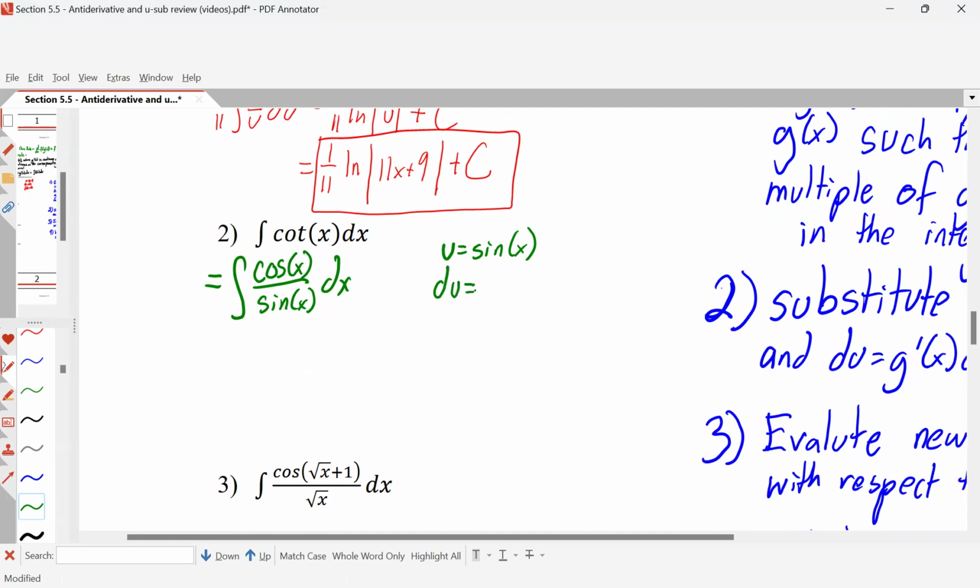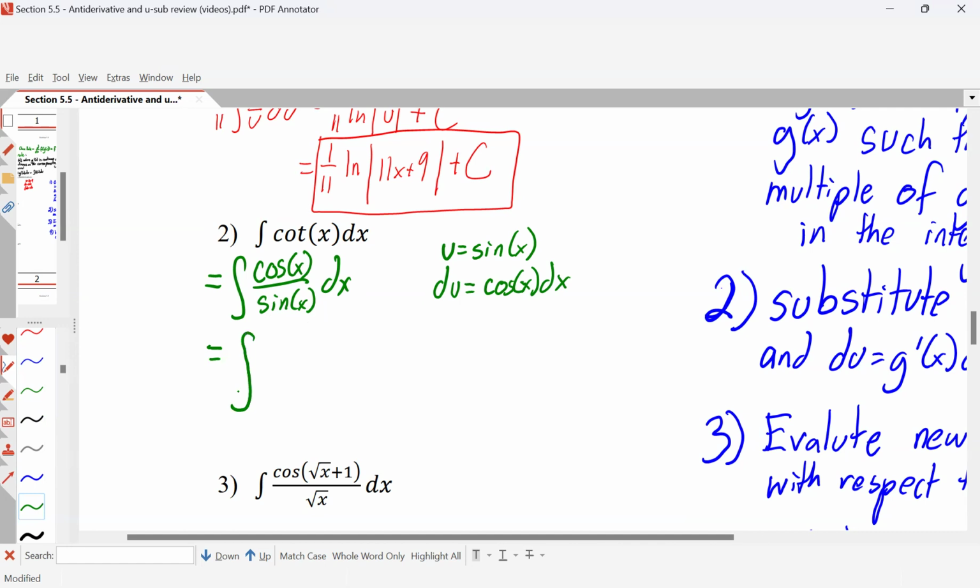So then du is the derivative of sine. The derivative of sine is cosine. And that means what we have is cosine x dx. That will all turn into a du. And the sine x will turn into u.